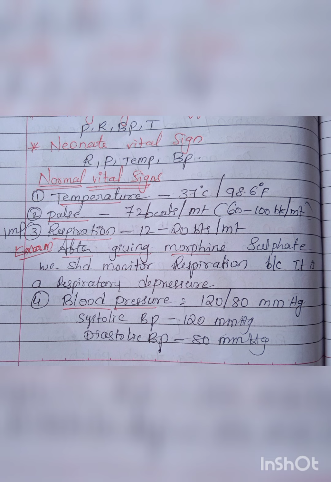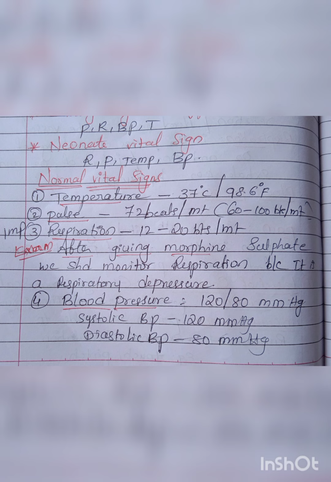And respiration normal rate is 12 to 20 breaths per minute, and it is very, very important in examinations. It is not 12 to 16 or 12 to 18 normal range, or 12 to 24. Above that, it means tachypnea we should say.